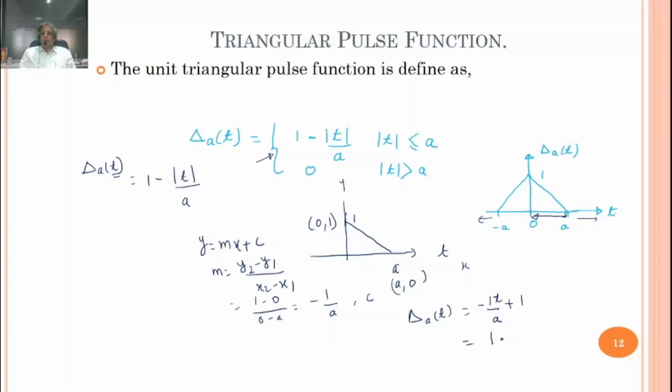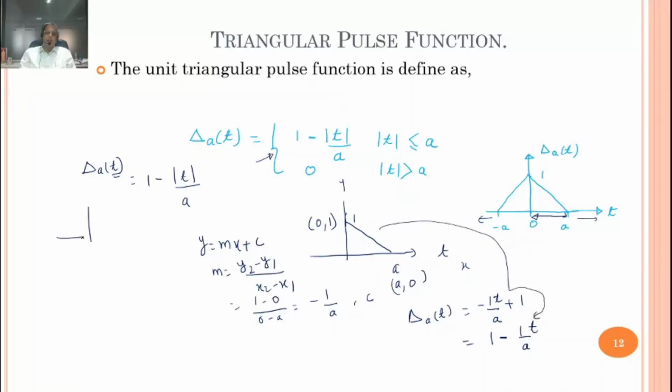After simplifying, we get 1 minus 1 by a times t. So for positive values of t, this is 1 minus t by a, and for negative values of t, the slope becomes plus, since minus times minus becomes plus. For this line, the equation is like this.